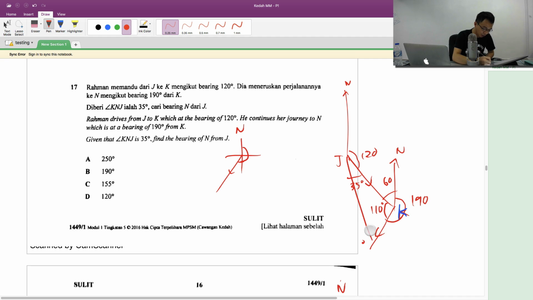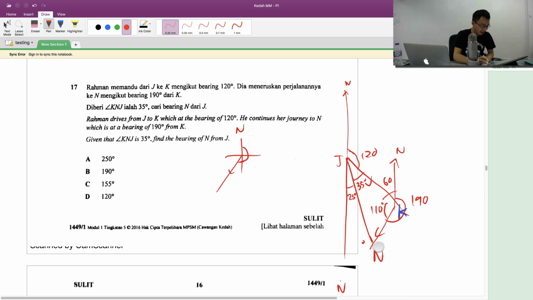I want to make this one look like 35 degrees. So I assume the N is here. My bad, the 35 is actually like this. And you know here is 60 degrees, right? Because this is 120. So here will be 60 degrees.